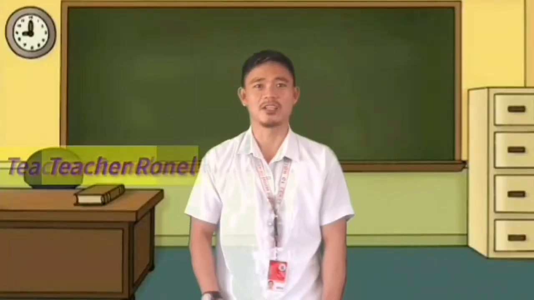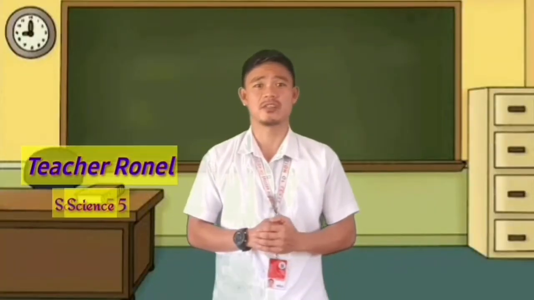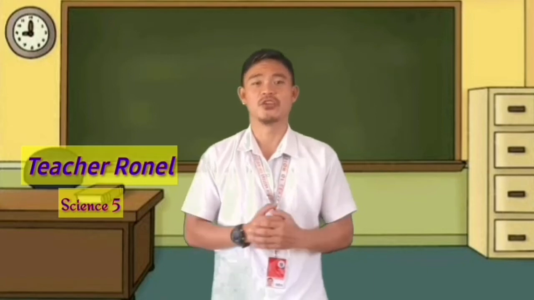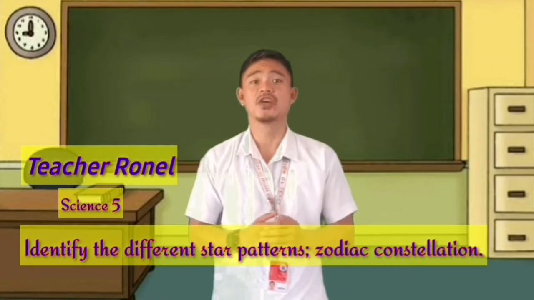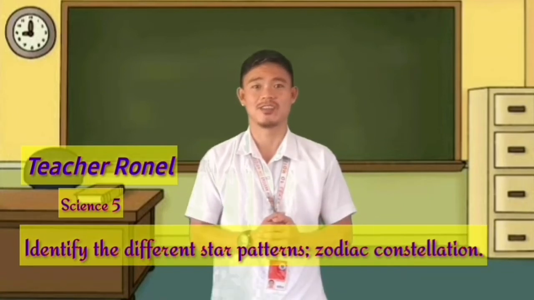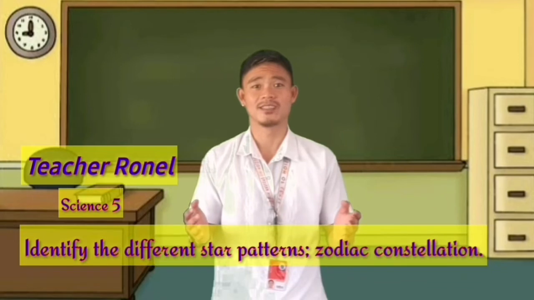Today, you are all junior astronomers as we study star patterns or star constellations, specifically the zodiac constellation. My name is Teacher Ronel, your Science 5 teacher. After our discussion today, you are expected to identify the different star patterns, the zodiac constellation. Are you all ready? Yes, sir. All right, let's roll the ball.